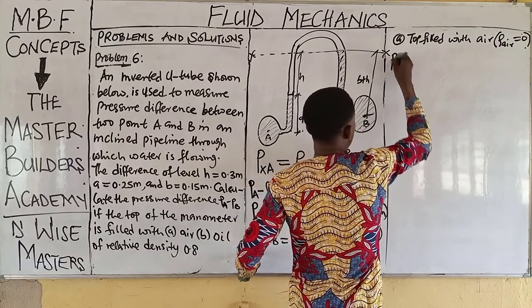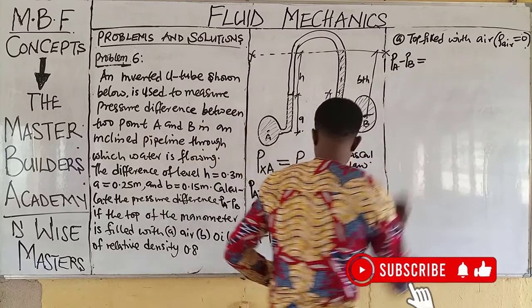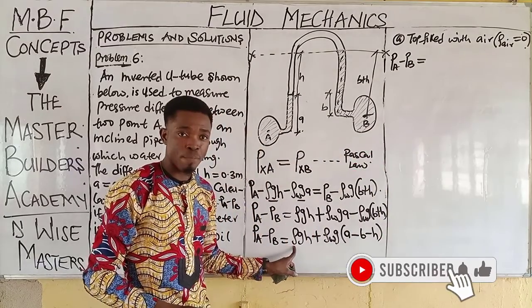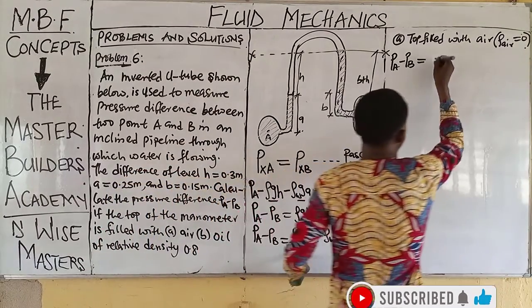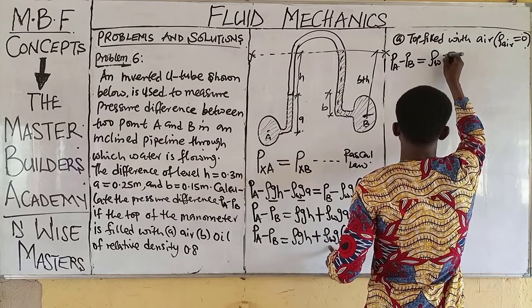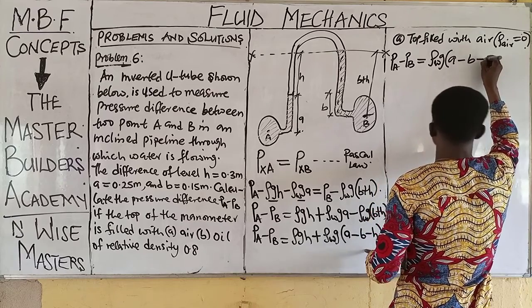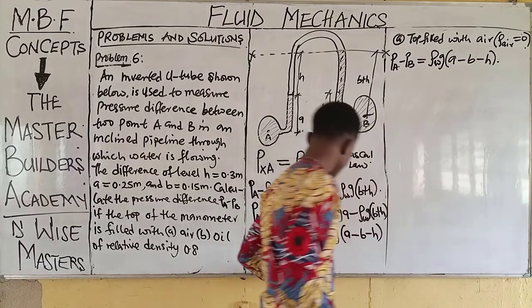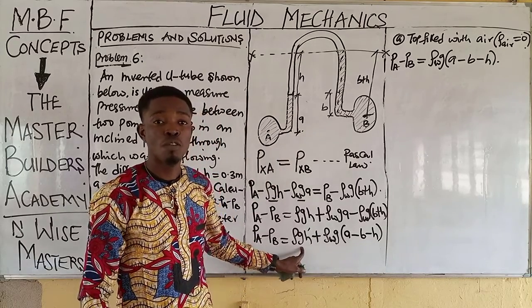Automatically, this equation becomes PA minus PB equal to, if I put in 0 here, 0 multiplied by everything here would have become 0. Then I have this guy as rho W G into A minus B minus H. Because the density of air is 0, automatically everything here will be 0 for air.